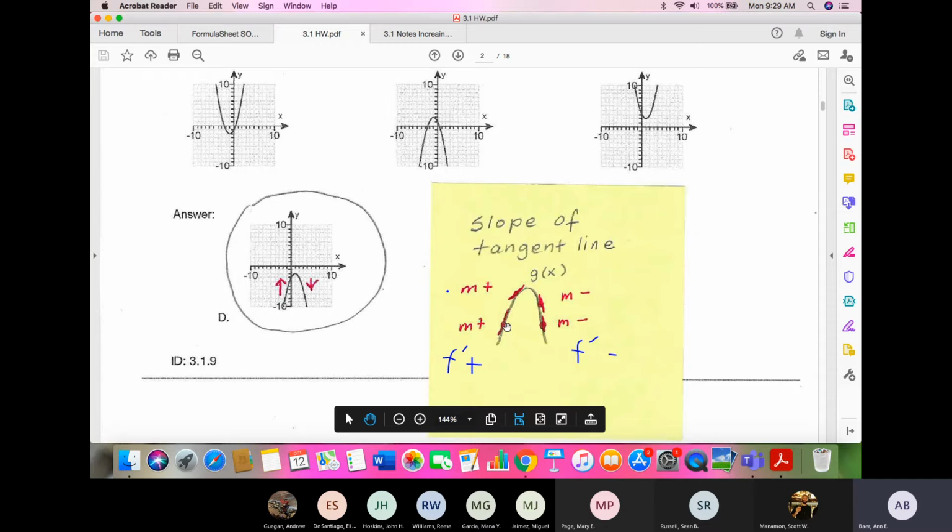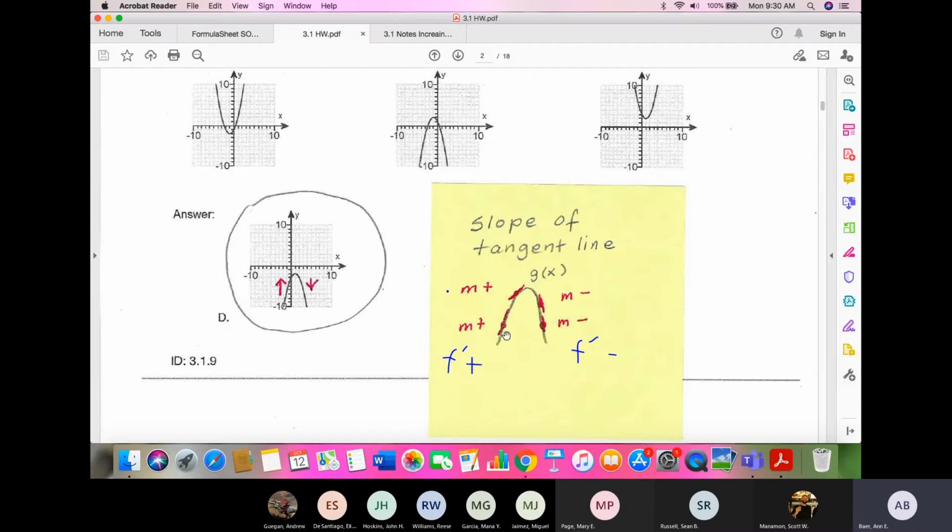Remember, the tangent line at a point is the unique straight line that approximates the curve on both sides of the point. So if I drew the tangent line right at this point here, it would look something like that. It approximates the curve on both sides of the point. If I drew the tangent line at this point here, it would look something like that. And of course, they go on forever and ever. It just would clutter up the graph if I did that.